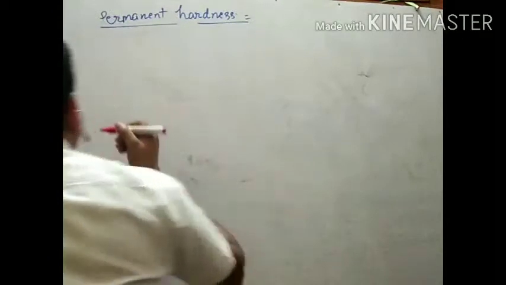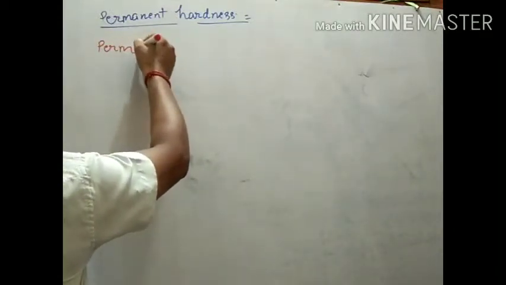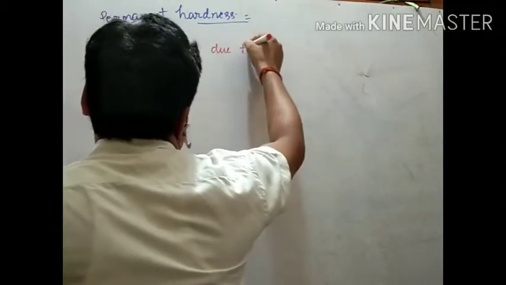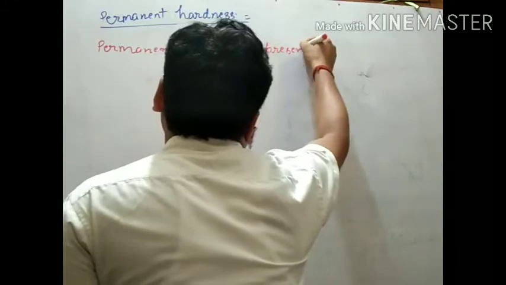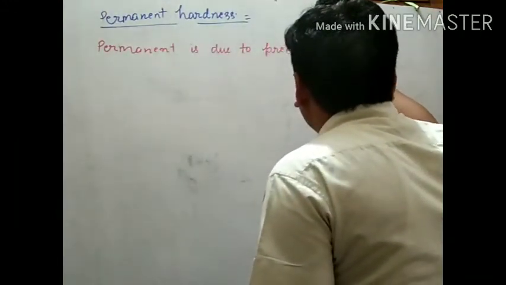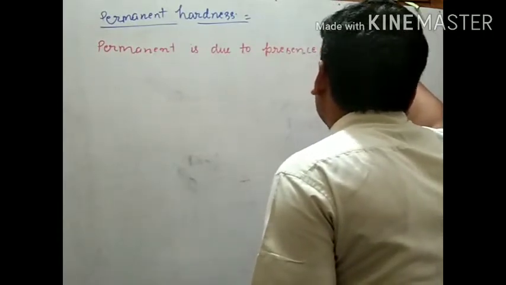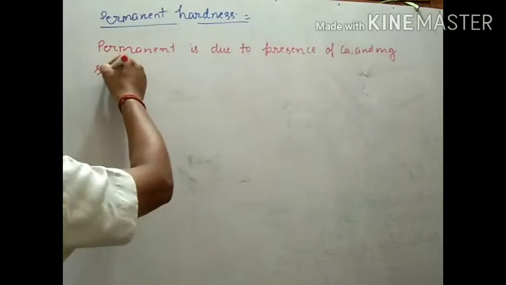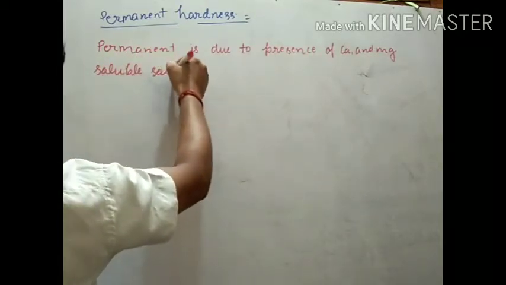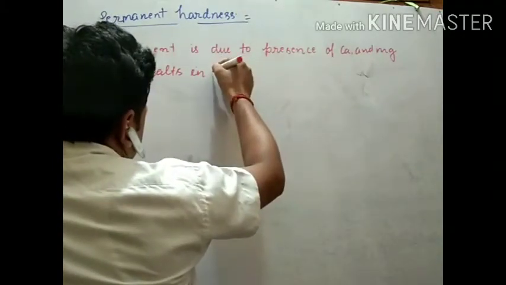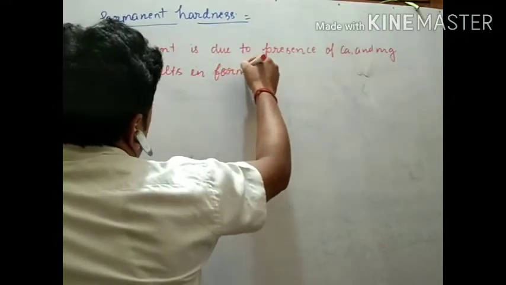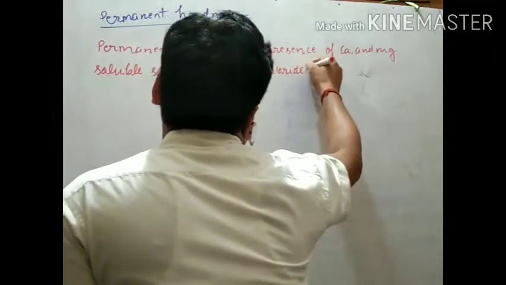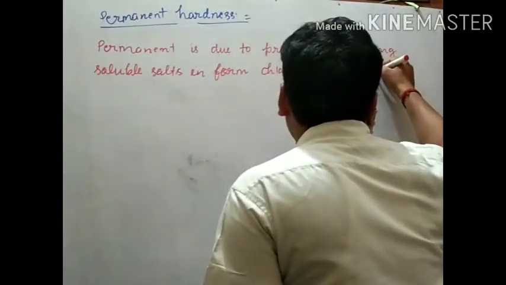So permanent hardness is due to the presence of calcium and magnesium soluble salts in the form of chloride and sulfate.